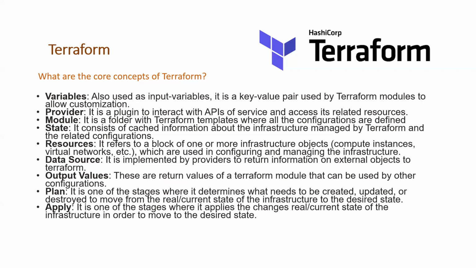If you change that number, it will check the current state, which is 1,000 servers, and the desired state, which should be 1,500 servers. It will compare with the help of that state file, and once you apply it, it will create 500 more servers to reach the desired state, where the state file will hold the state of 1,500 servers. So these are the core concepts of Terraform, I would say.